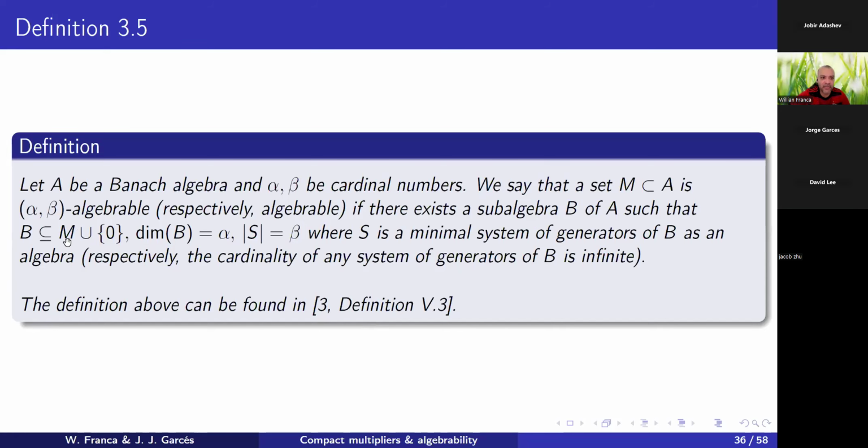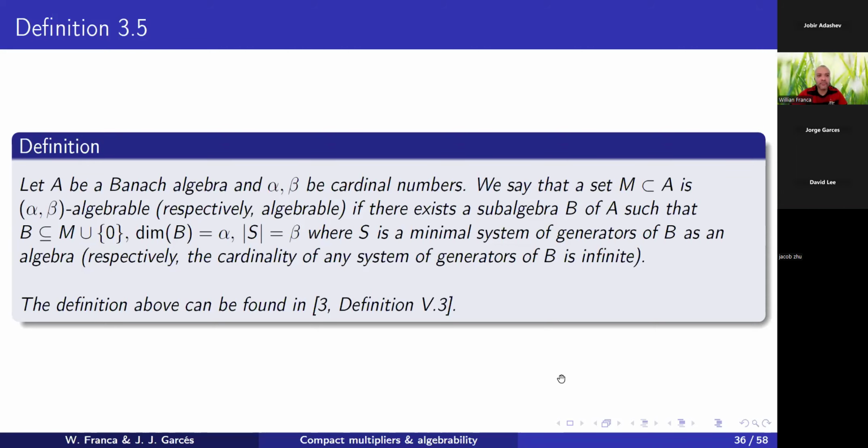B is a subset of M union 0, the dimension of B equals alpha, and the cardinality of a minimal generating set is beta. And we just say it's algebrable if such cardinality is infinite, the cardinality of the system of generators.